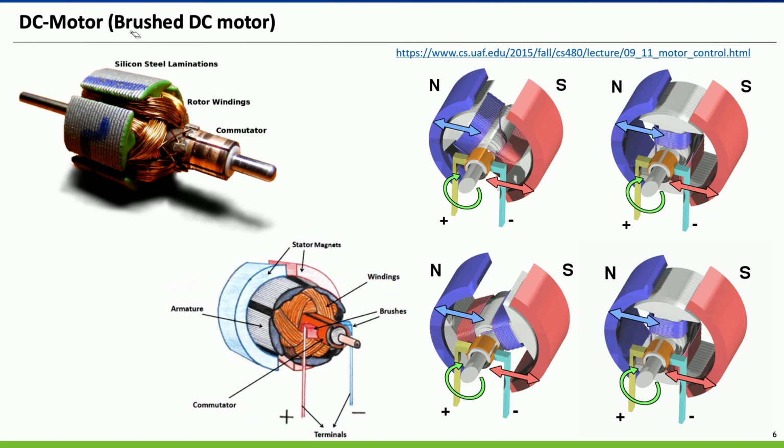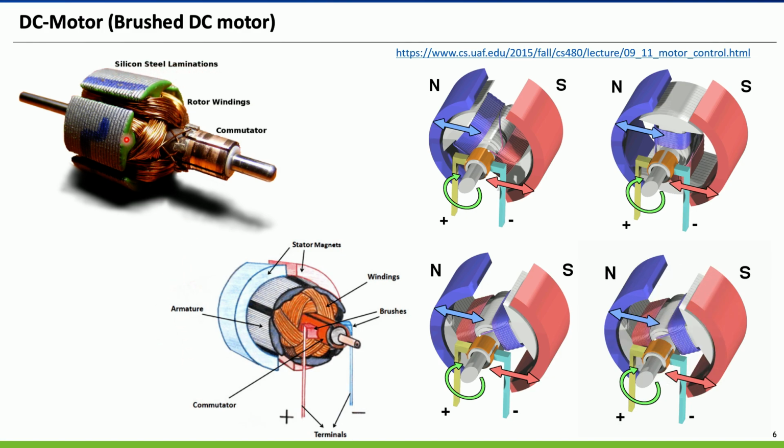For a brushed DC motor, if you open the motor, you can see the armature, the rotor windings, and this copper plate, which is the commutator. The winding consists of copper wire in here, and this is the silicon steel lamination.